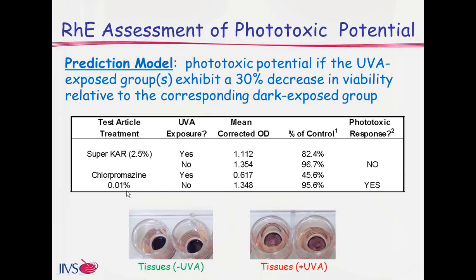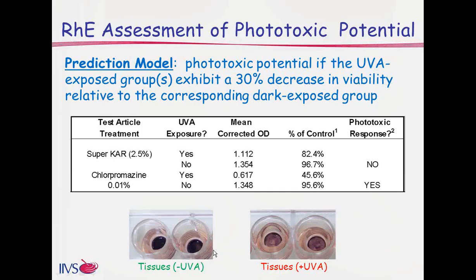On the other hand, if we look at chlorpromazine, we can see our percent of control viability. There's about a 50% difference between the tissues exposed in the presence and the absence of light. So this particular example would definitely be a phototoxic material.